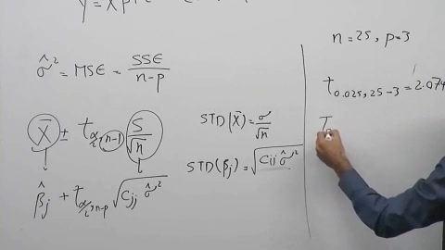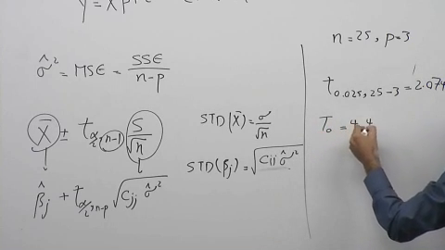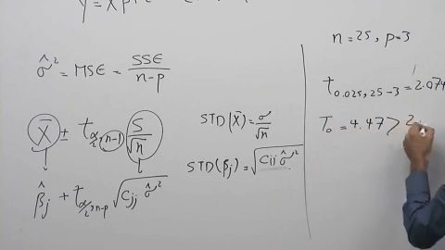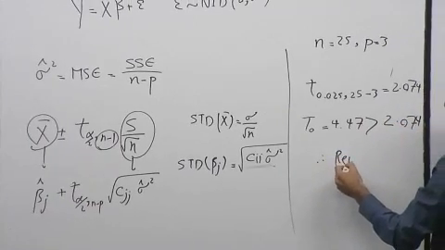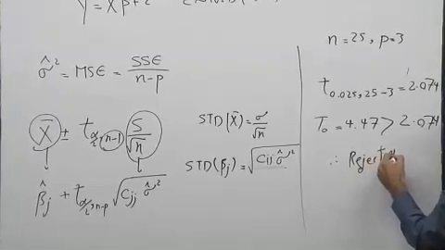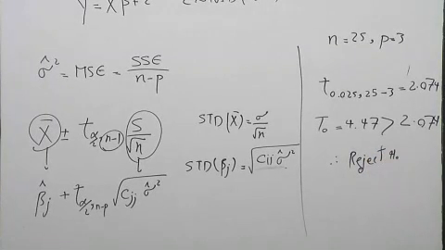So your T0, which is 4.47, is greater than 2.074. Reject H null, which means the second variable is important. Any questions?